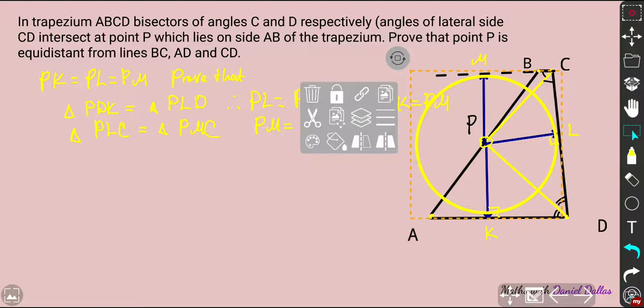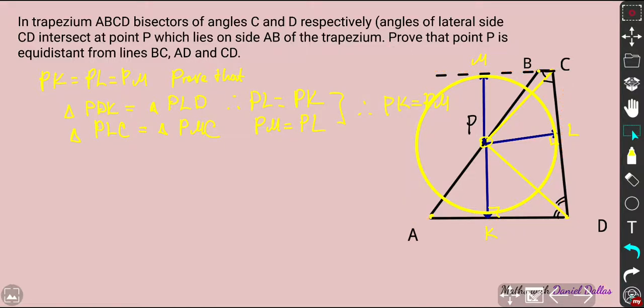So that means you can partly inscribe it and make your circle touch the sides of the trapezium: AD at least and CD, and the extension of the side BC.